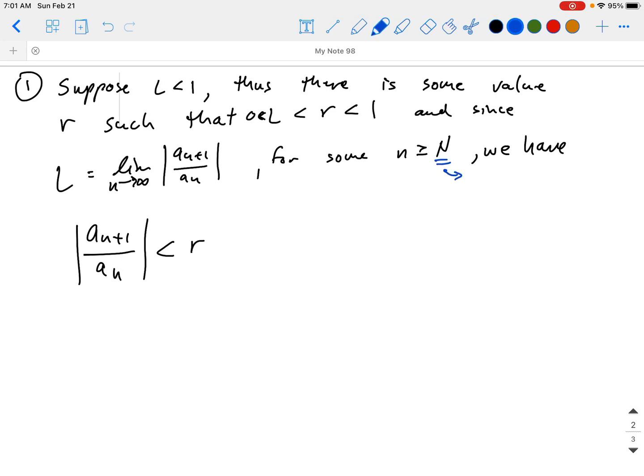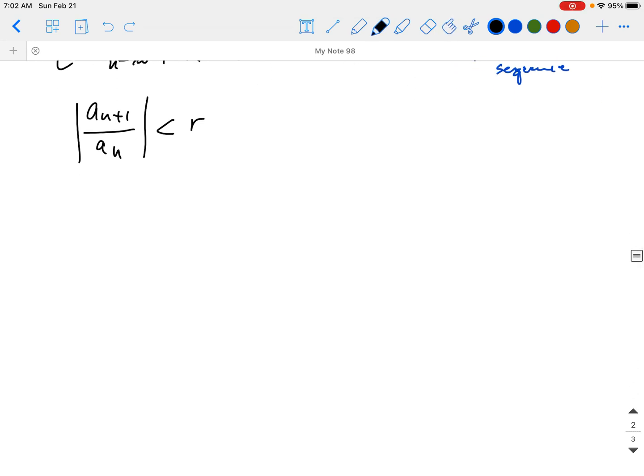So again, this is just far out in the sequence. This is just some really big number way far out in the sequence, such that this will be the case always. So now we can do a little bit of algebra.